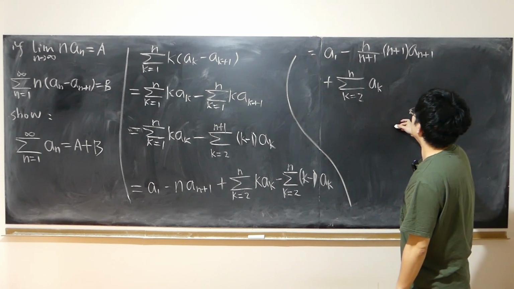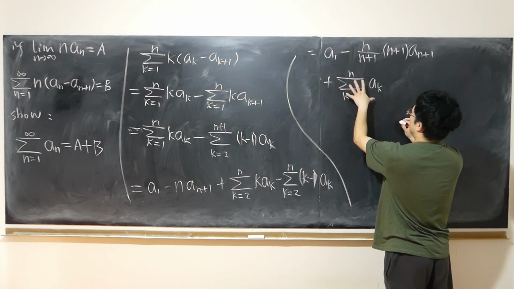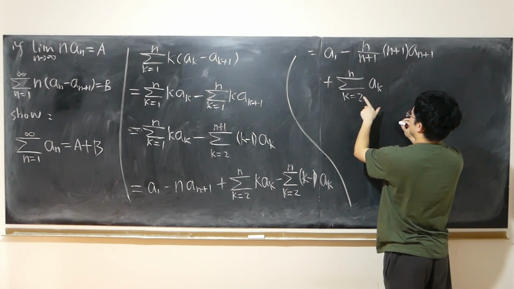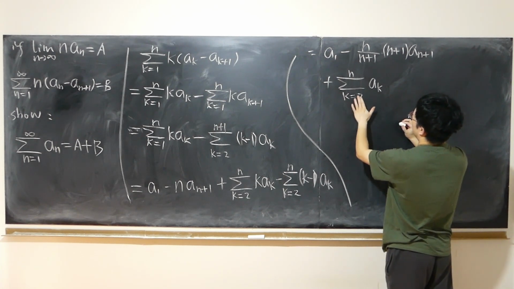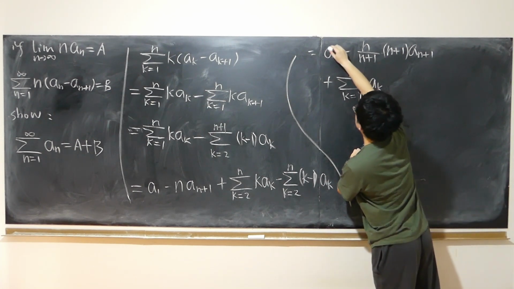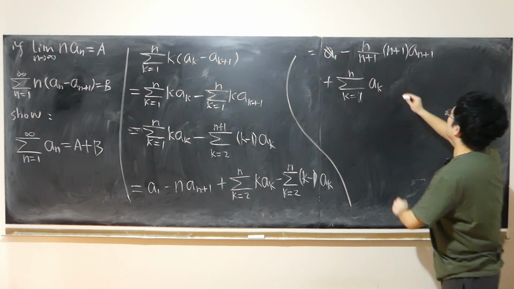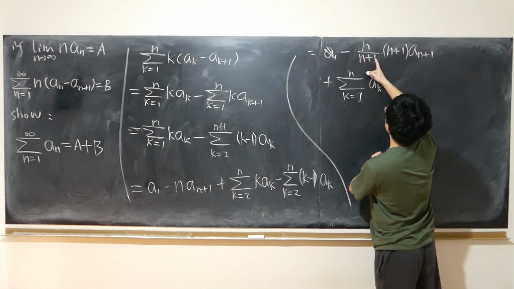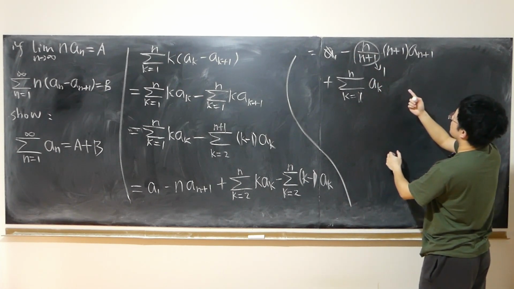And so maybe I put this a_1 with this sum, because this sum only starts from 2. So a_1, I should start from 1. Just get rid of it. And so this part, n over n plus 1, approaches 1 as n approaches infinity.